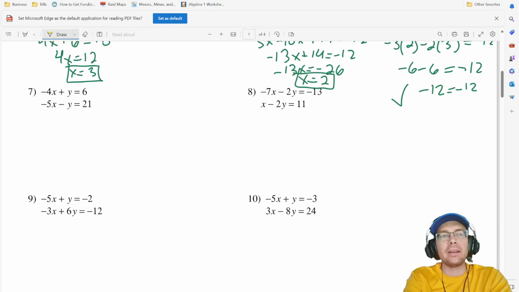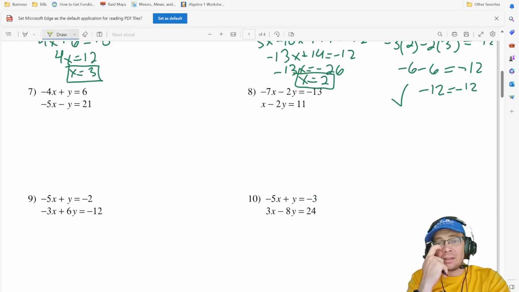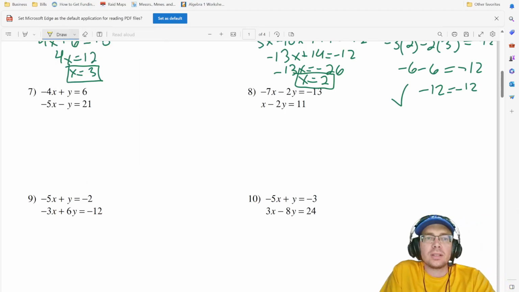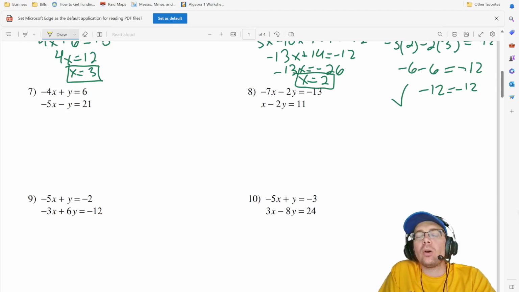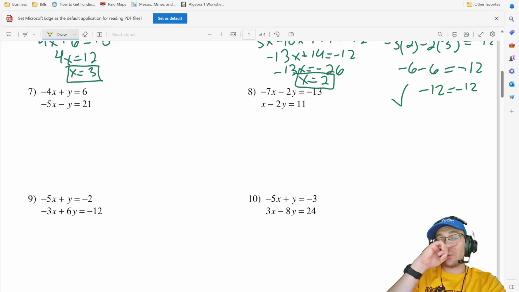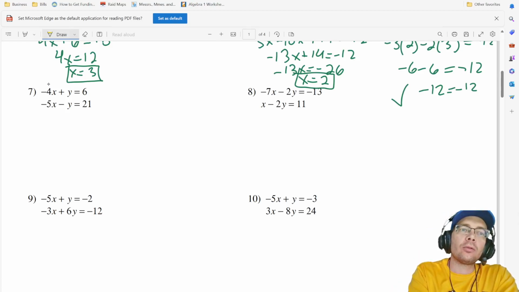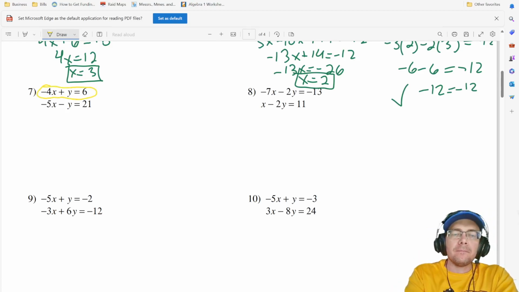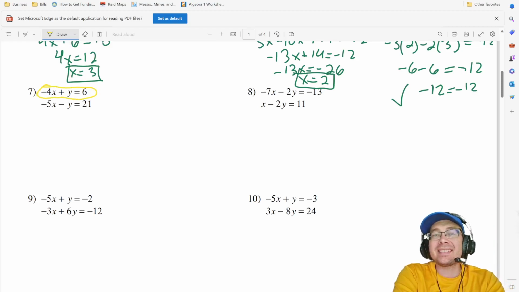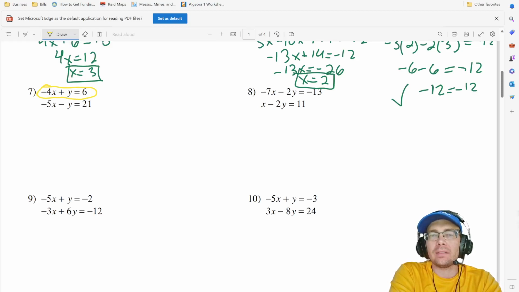So highly recommended. Okay, now we're diving into the realm where we don't already have the variable solved for, so we have to solve for the variable. For instance, this one right here. If the variable doesn't have a coefficient, and by that I mean it's 1, right?